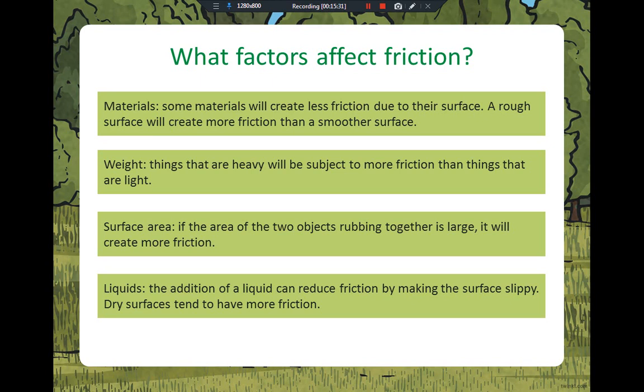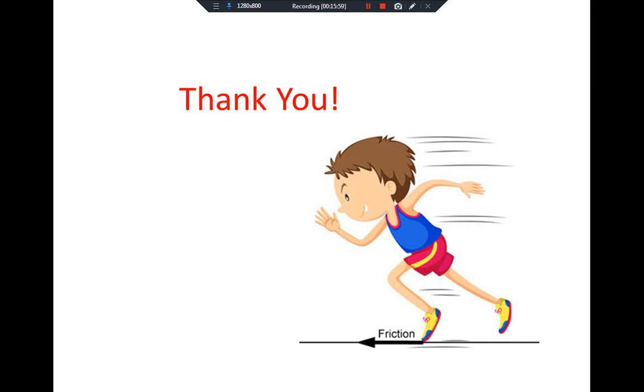So in the case of the engine, oil is a liquid which reduces friction and doesn't let the two metals touch each other that much, so that their parts don't wear away. So we have material, weight, surface area, and liquid as the factors that can affect friction.